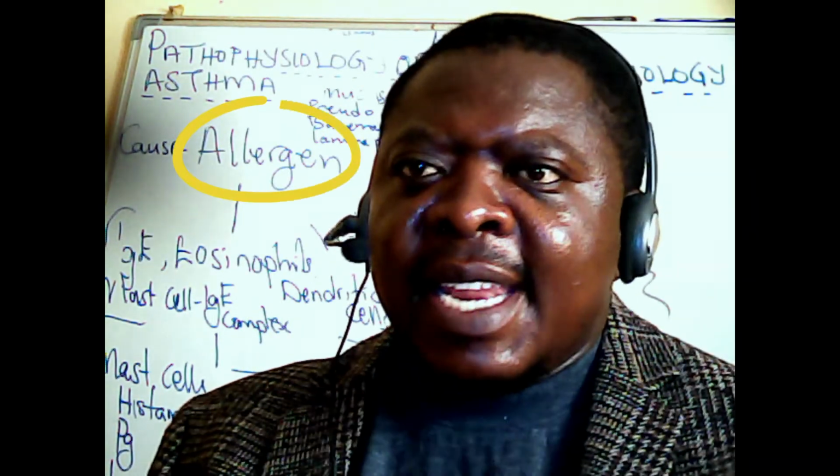It can be triggered by other infections also. I'm not ignoring that. You cannot explain within one pathophysiology all the many causes of that disease or predisposition to that disease. You just need to pick one and then you explain how it's now going to affect the body.